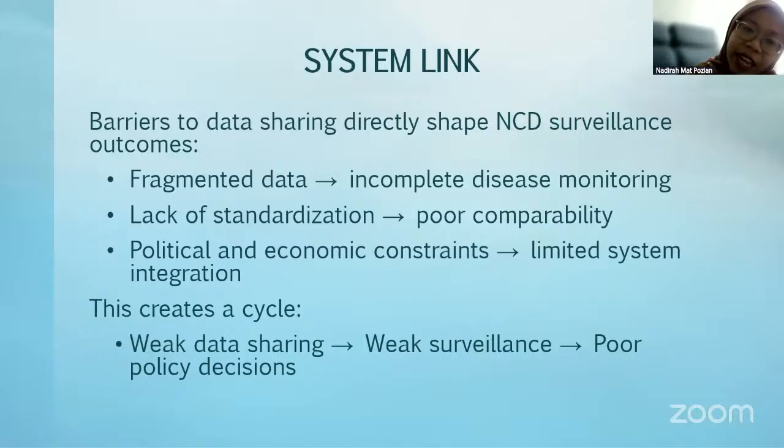If we have a lack of standardization, we have poor comparability. And if we have political and economic constraints, we're going to have limited system integration. And this creates a cycle: weak data sharing leads to weak surveillance, which leads to poor policy decisions.